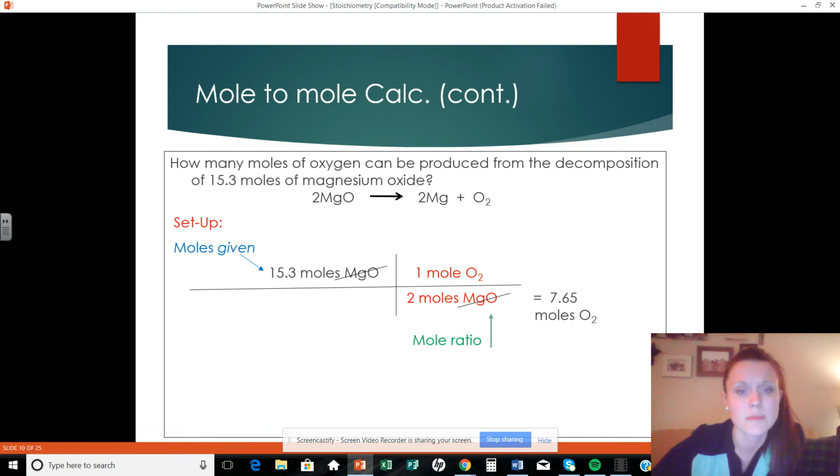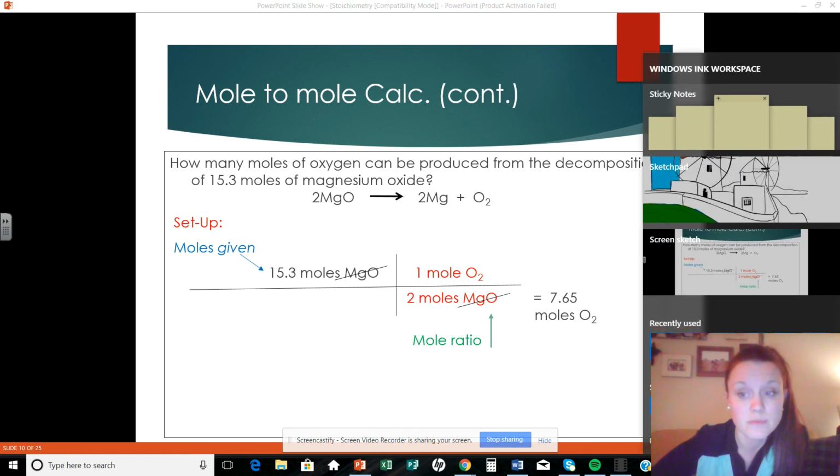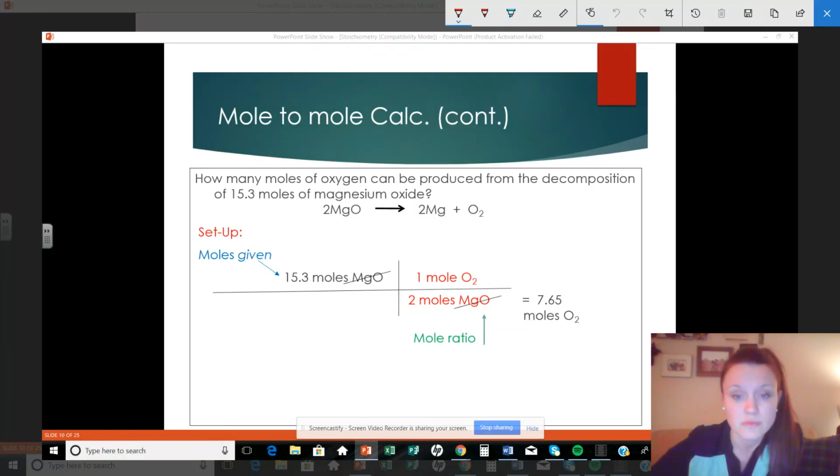Now how do we set it up? We have our given quantity, which was 15.3 moles of magnesium oxide, and I wanted to know how many moles of oxygen would be created by the breakdown of 15.3 moles of magnesium oxide. So I wrote my given information from the problem, then my molar ratio, or conversion factor, we've talked about those as conversion factors as well.